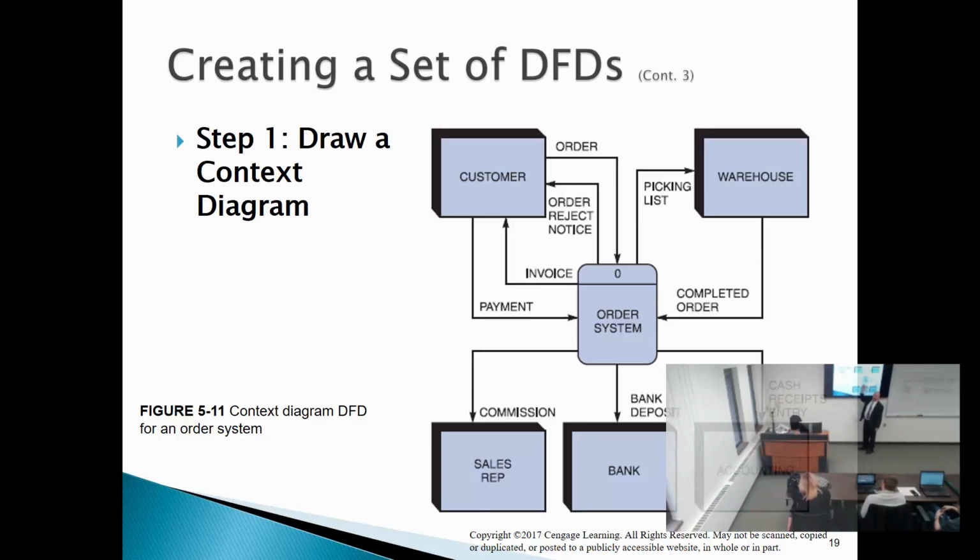If there's something about the order we can't process, then we would send information back to the customer saying we reject part or all of the order. The order system sends an invoice to the customer, and the customer sends us a payment. So the salesperson gets a commission, the bank gets a deposit, and accounting gets the receipt of cash. The warehouse gets a picking list and sends back to the order system information about how the order was fulfilled.